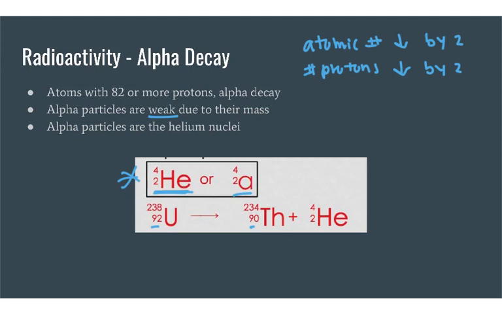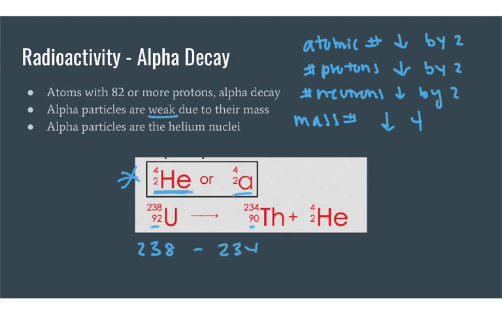We also can say that our neutrons decreased by 2, which tells us that our mass number decreased by 4, right? So we have 238 minus 234 gives us 4. We have our 4 from our helium. And when we look at our atomic numbers, we have 92 minus 90 equals 2. We have that from our helium.